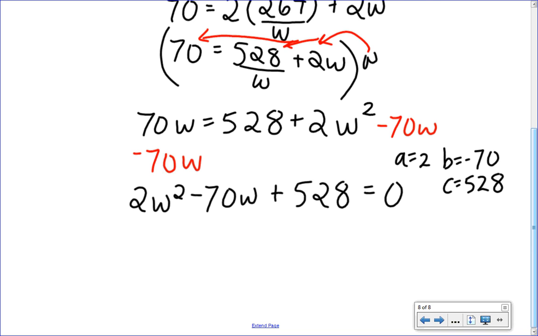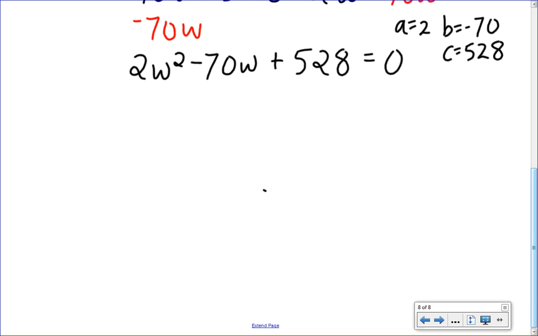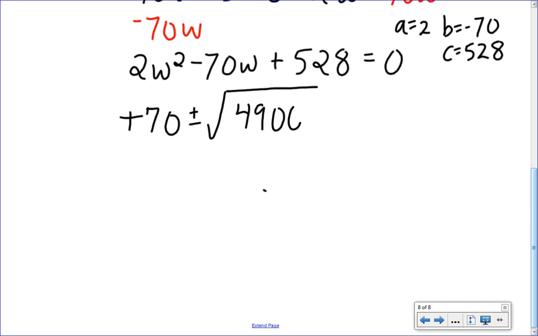Now we just plug that into the quadratic formula. Okay, so you get negative B, which is going to be positive 70, plus or minus the square root of B squared. Negative 70 squared gives us positive 4,900.